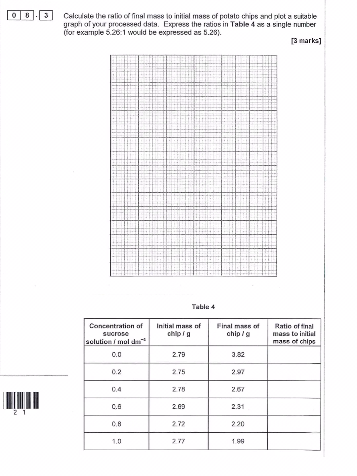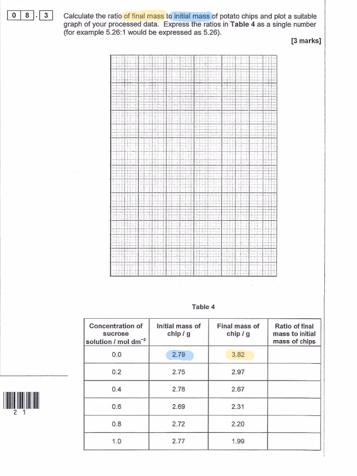So the calculation that we're going to do in order to calculate the ratio of final mass to initial mass is simply divide at each concentration of sucrose the final mass by the initial mass.